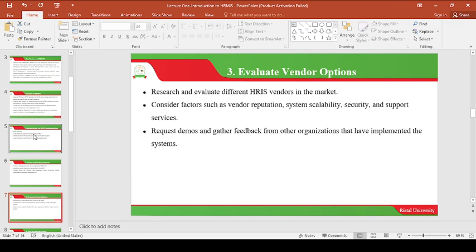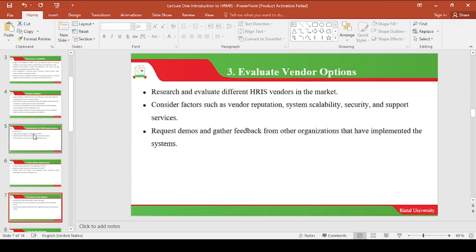Because you can have a system which is not reliable. Within 1 or 2 months, the system is down, or it cannot even support some of the software or the windows you are having in the office. These are the kind of things you need to look at as a part of the reputation of that particular system you want to draw in your organization.